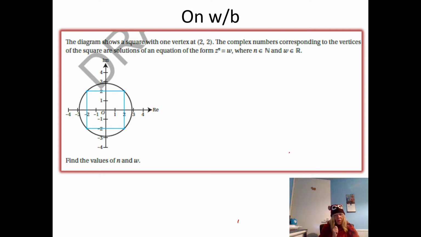The complex numbers corresponding to the vertices of the square are solutions of the equation z to the n equals w, where n is an integer and w belongs to the reals. Ooh. Right, have a go at that one. I think someone will pause the video now until you are ready with your solution.